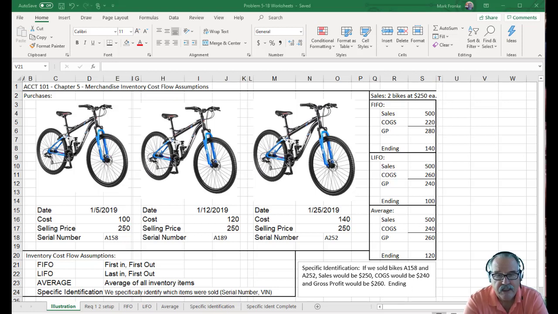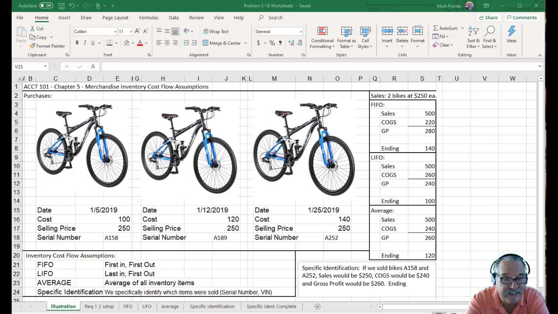So, we sold 2 bicycles. And let's just say we sold those 2 bicycles on the 28th of January. In other words, we had all 3 bicycles that were in our shop ready to be sold, and we sold 2 of them.